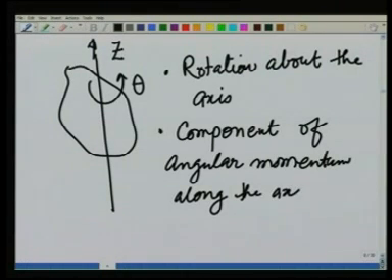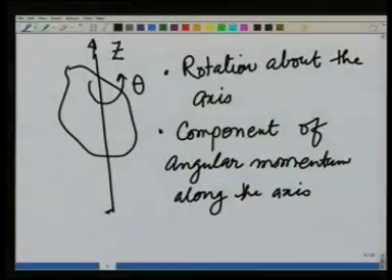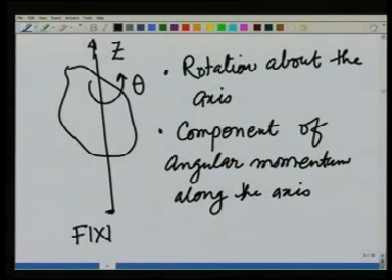Any other component of angular momentum, even if it changes, is compensated for or balanced by the torques applied on the axis to keep it fixed in space. So, right now what we are considering is that the axis is fixed in space and the body is rotating about it.